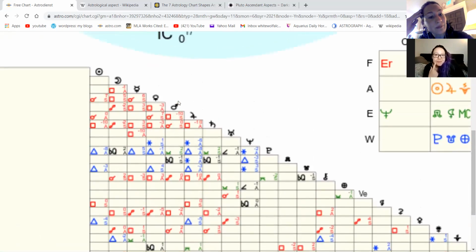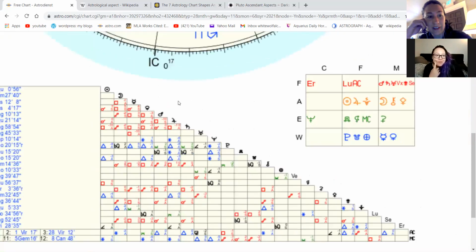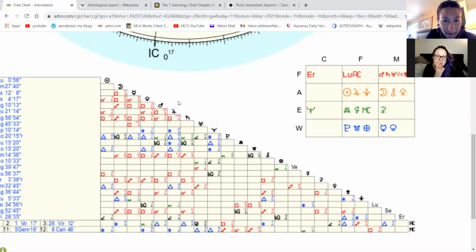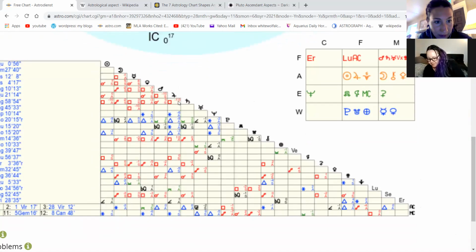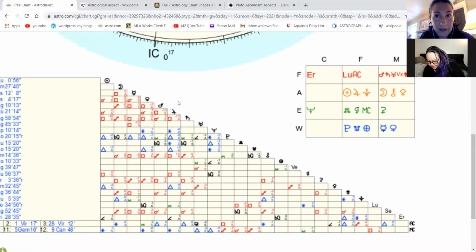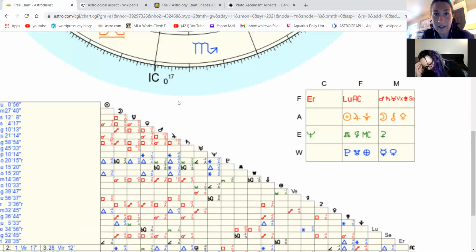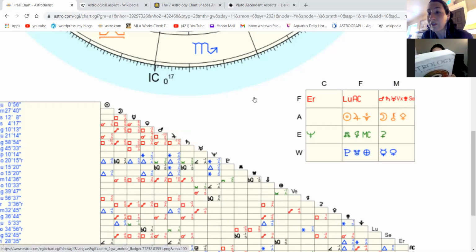And this one, so you have the Sun trine Pluto. That'd be a fun one to read. Sun trine Pluto. So let's see what that one is. You want to read it? Yeah.